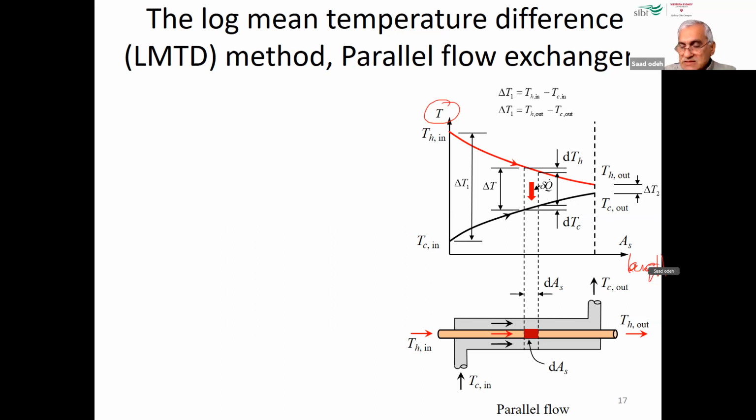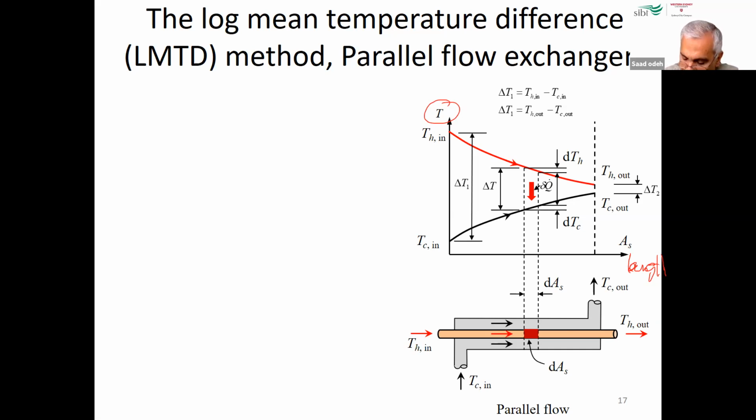All right, so in this case, we can simply draw the change in temperature for the parallel and counterflow heat exchanger. So we said last time the parallel heat exchanger is when we have both fluids entering from the same side.